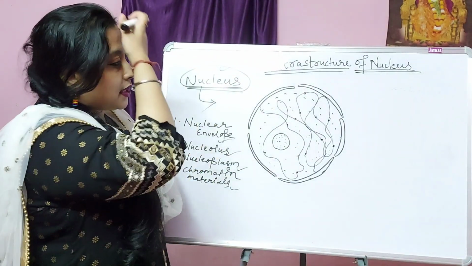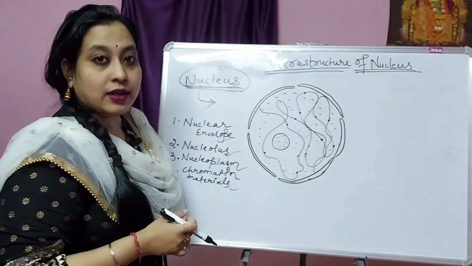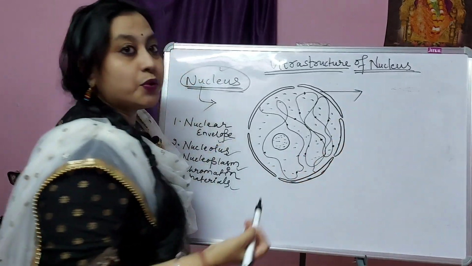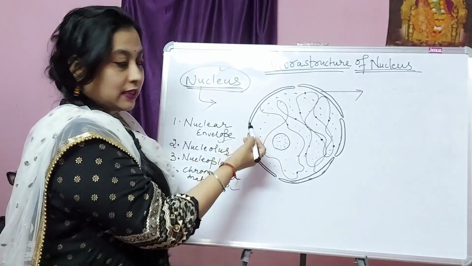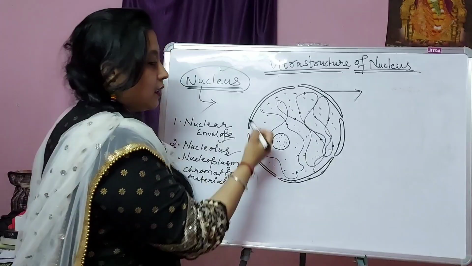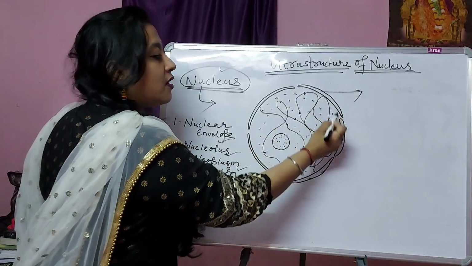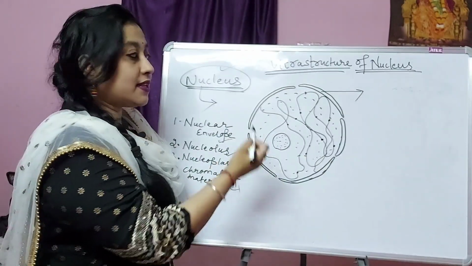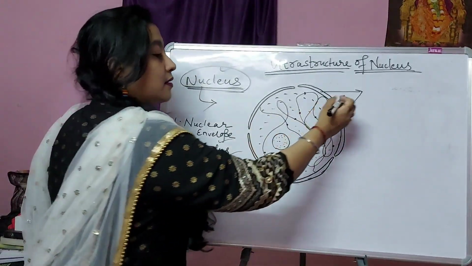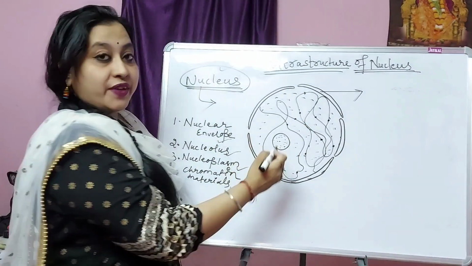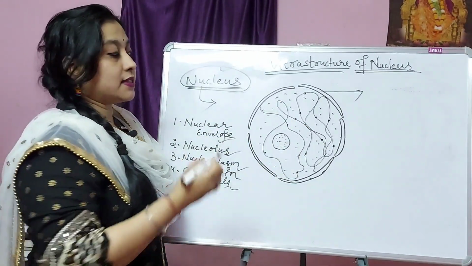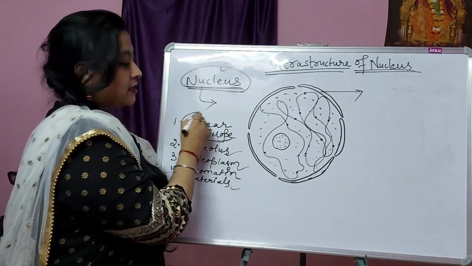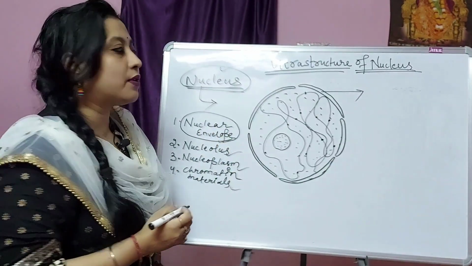First, let us see the ultrastructure of the nucleus. The first part is the covering. If it is visible, I think it is clearly visible to you all, this is the covering of the nucleus. It is the outer covering, and it is made of 2 layers, outer and inner, which we call the nuclear envelope or nuclear membrane.